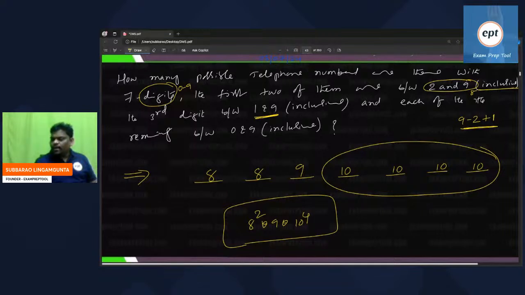Both can be done: m into n ways, n into n ways. So finally 8 squared into 9 into 10 power 4. I hope everyone got it. We can go to the next problem if you are okay with this problem.